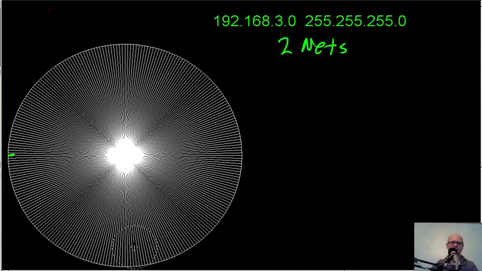For subnetting, we're going to take this big chunk of 256 addresses and split it in half. Why? Because we need two networks. Let's say our higher network administrator only gave us this Class C network, 192.168.3.0, and we have 256 addresses, but we need to split it up for maybe site A and site B. It doesn't really matter why.